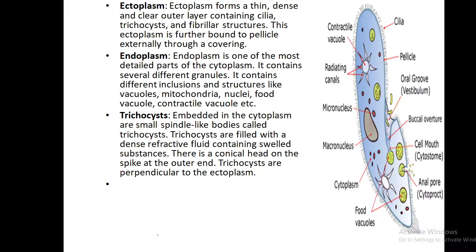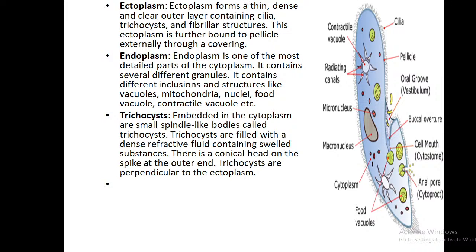Next is trichocyst. Trichocysts are embedded in the cytoplasm, small spindle-like structures. The spindle-like structures which are found in the cytoplasm are called trichocysts.